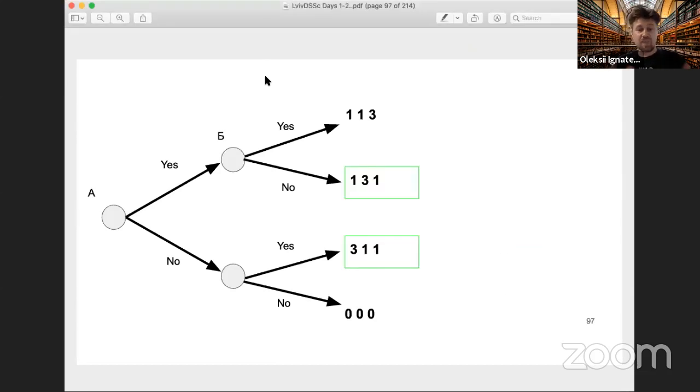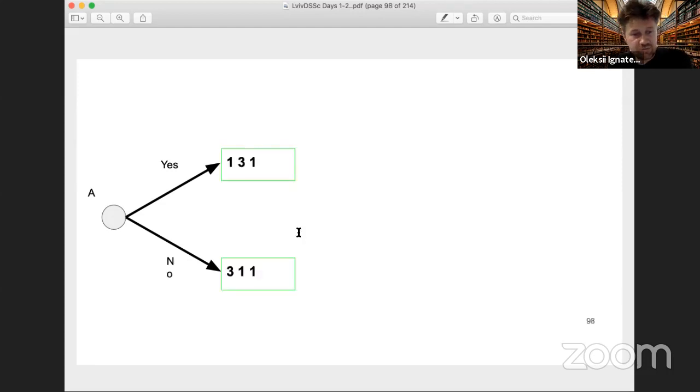Now we have the decision of B. We have 3 here and 1 here, and 1 is bigger than 0, and 3 is bigger than 1. So we can remove B. And now we have A, and we have 1 here and 3 here.